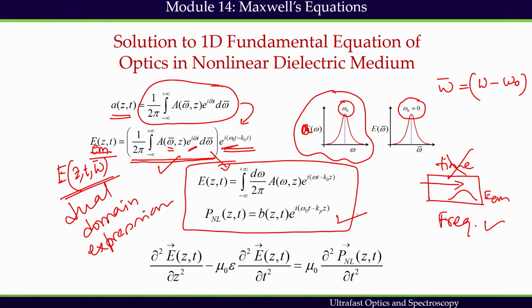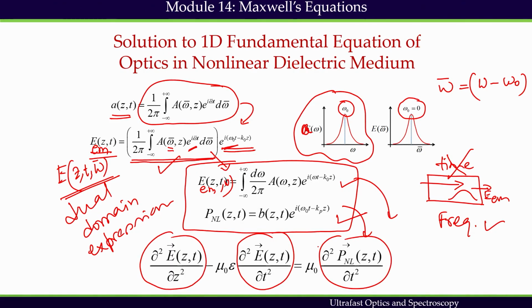This is the trial solution we have taken already, but the emitted field is expressed in terms of z, t and also omega, and we will consider that this field is propagating through the medium. So, all we need to do is plug that into this expression finally, and we have to get the second derivative with respect to z, the second derivative with respect to t, and the second derivative with respect to t of the polarization.